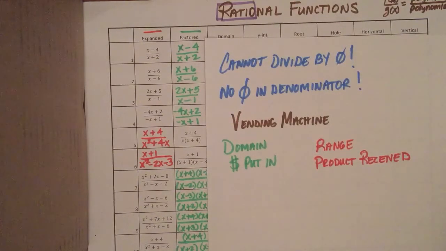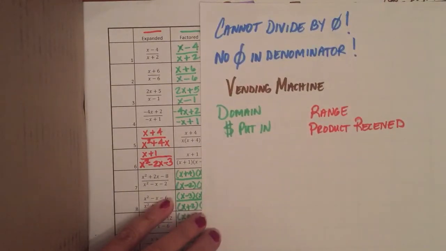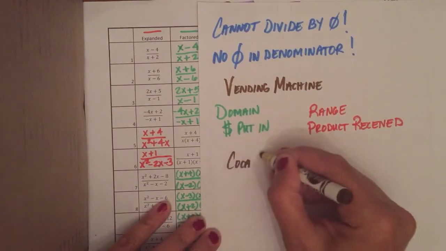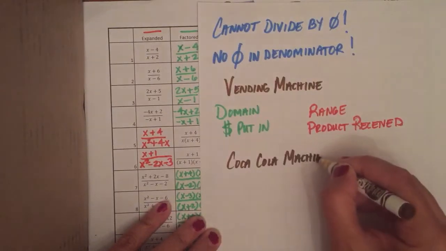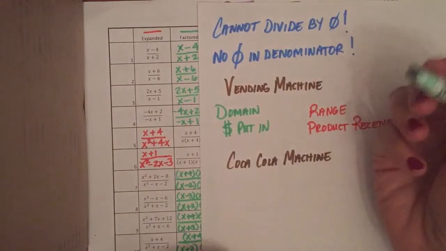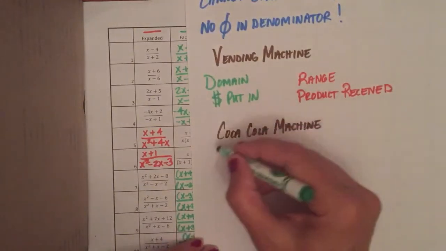So let's look at some vending machine examples, just some simple examples. Let's say I have a Coca-Cola machine. If I'm looking at a Coca-Cola machine, what would be my domain? What can you input into a Coca-Cola machine? Well, it's very specific.